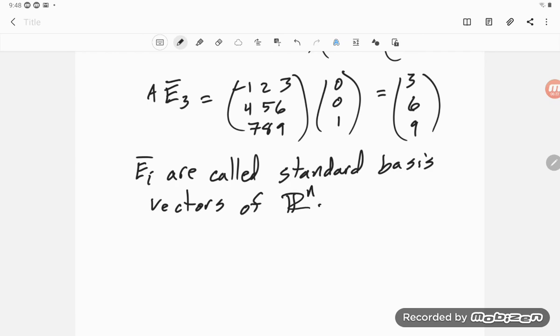Okay, and the text also mentions these are unit vectors, because their length is 1. All right, so that is remark 2.2.1, and I just felt they actually pack a lot into that little remark there, and so I thought it was worth expanding on that idea.